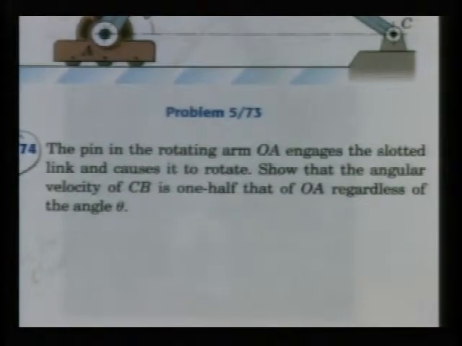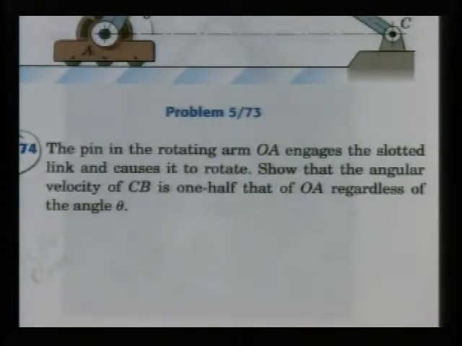There we go. Pin of the rotating arm OA engages a slotted link and causes it to rotate. Show that the angular velocity of CB is 1/2 that of OA regardless of angle theta.